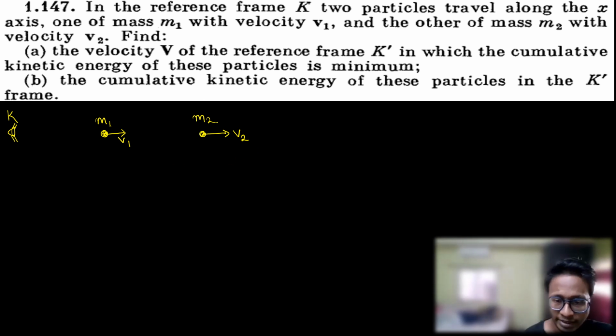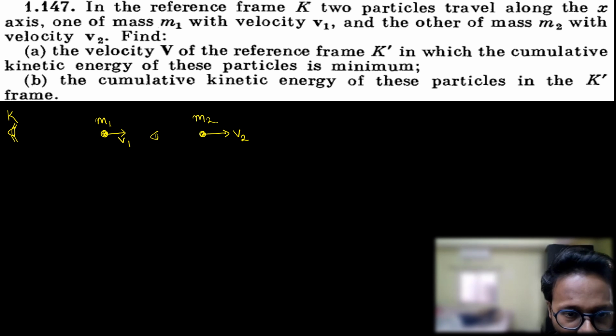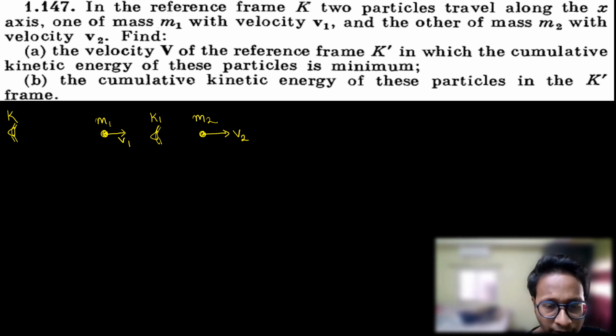That means there must be some observer K1 dash. According to this observer, the velocity of this particle should be something like v2 minus velocity of observer, and the velocity of this particle would be v1 minus velocity of observer.